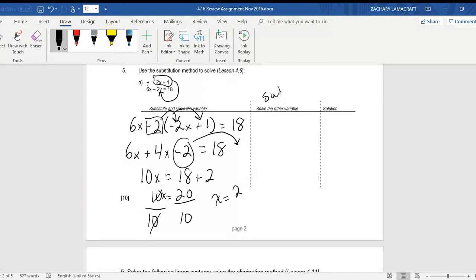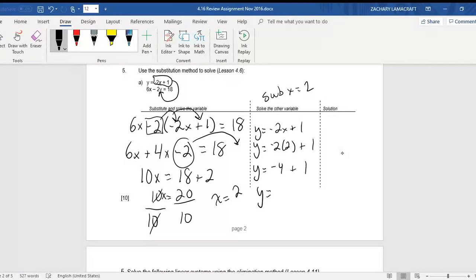Once that is completed, we sub in x equals 2. So y is equal to -2x plus 1. Y is equal to -2 times 2 plus 1. Y would be equal to -4 plus 1.